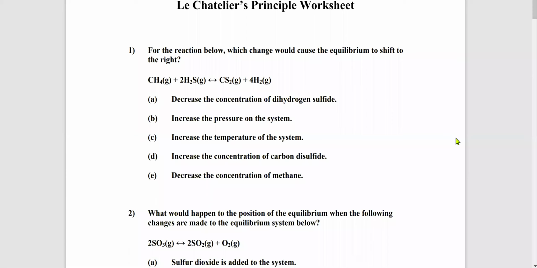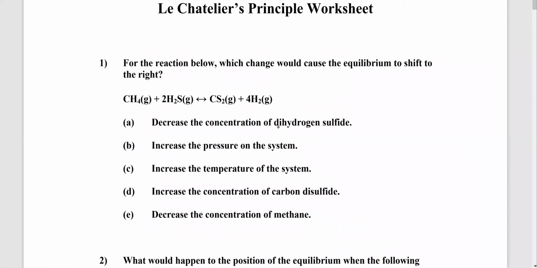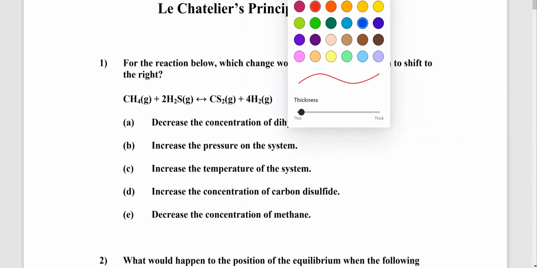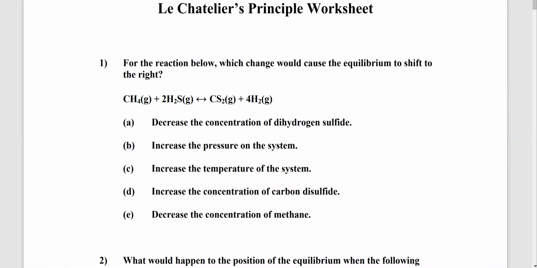Now, you're given this reaction and you're being asked what caused the position of the equilibrium to shift to the right. So he wants the equilibrium position to move to the right side, forward reaction. We're going to have a look at this, and one by one we're going to discuss. The first one, if you decrease concentration of H2S, equilibrium is going to try and do the opposite.